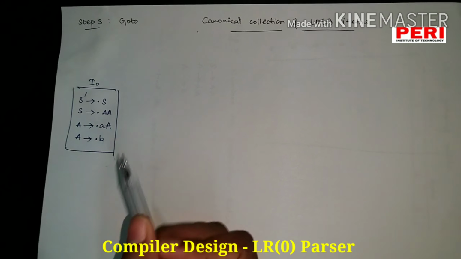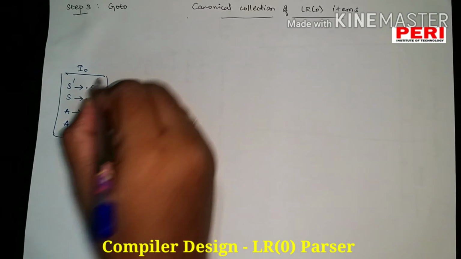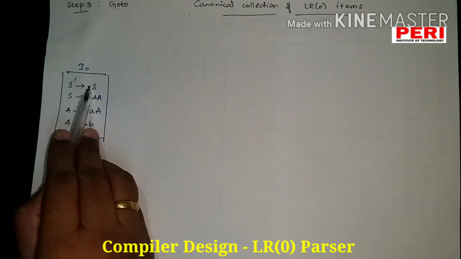Let's take the first production. How does the dot move to the next position? Only by parsing through S. As I told you in the first video, by traversing through S from I0, I am going to the next state with the production S dash tends to S dot.